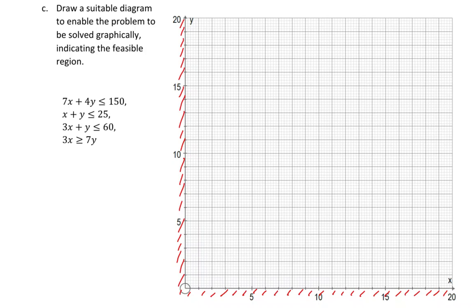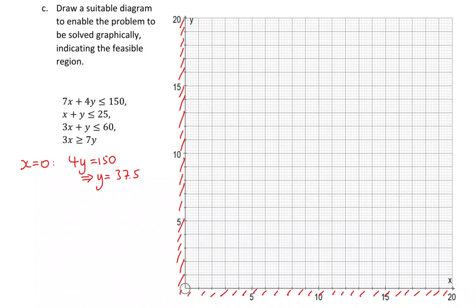So I know that when x is 0, I'm going to get 4y is 150. So y is going to be 150 divided by 4, which is 37.5. Okay, which is off the scale. So I can't use that.